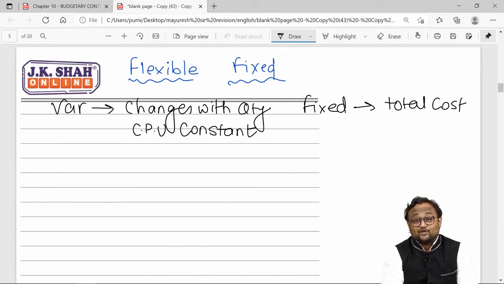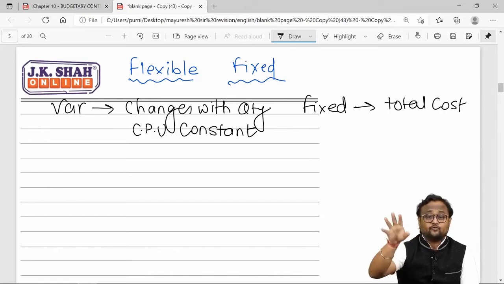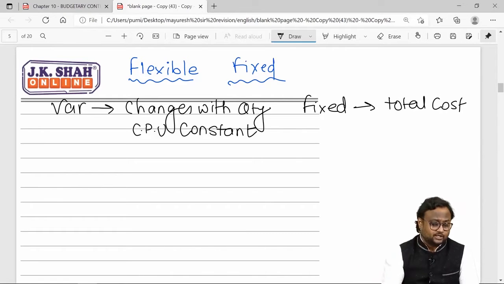That is the reason why we need to split semi-variable as variable and fixed, because in case of a semi-variable cost, the variable portion will change, the fixed portion will remain the same. So for the variable portion, you change the CPU. For the fixed portion, you change the total.